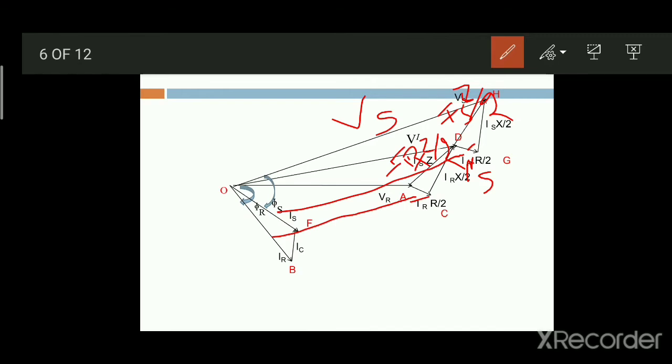The angle between this Vs and the Is is the phi s.